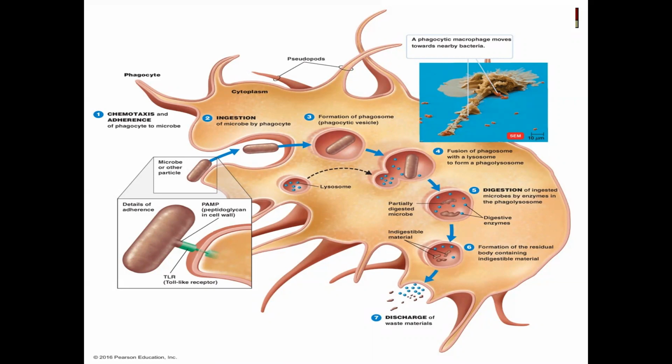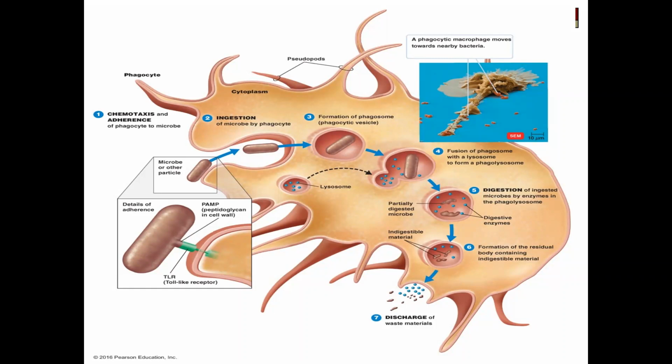I will ask you to describe the steps of phagocytosis, and you have to describe the steps that are here, okay? You don't have to write every last thing word for word, but you need to demonstrate to me that you have a good, full understanding of phagocytosis from beginning to end, okay? Again, the picture is on page 451. It's the exact same picture that I have up here.